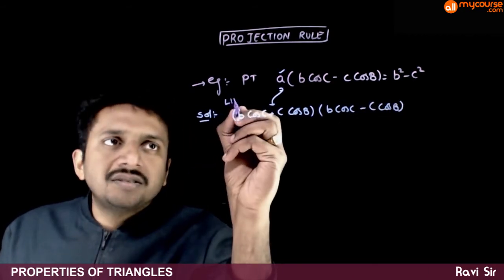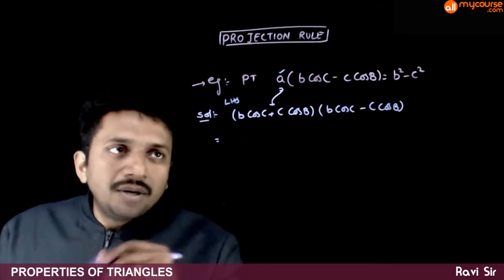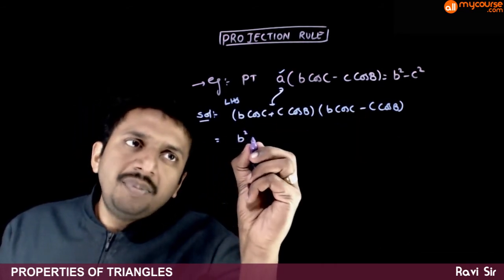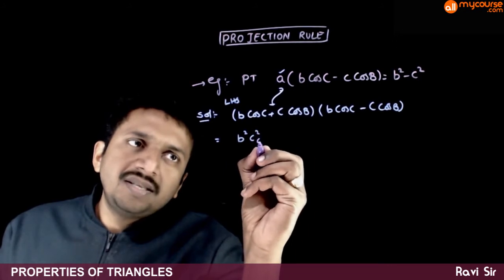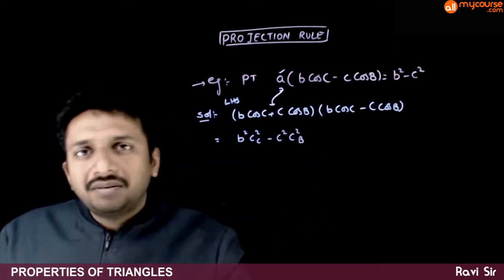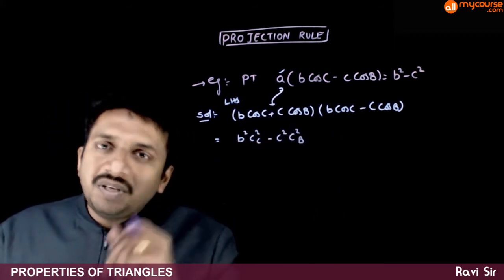This is the LHS. So that is equal to, so this is of the form A plus B into A minus B. So we have B square cos square C minus C square cos square B, A square minus B square.